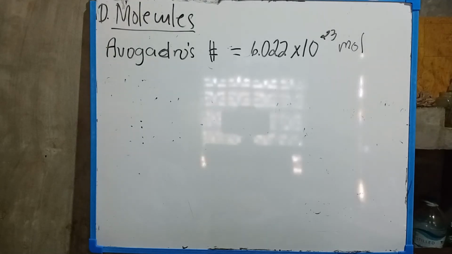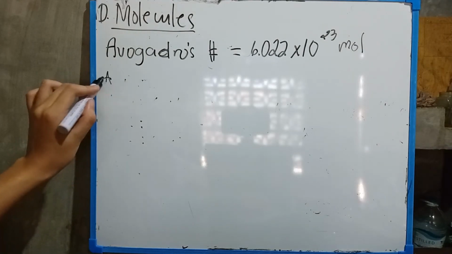A packet of an artificial sweetener contains 40 milligrams of saccharin. How many molecules of saccharin are in a 40 milligram sample? How many carbon atoms are in the same sample? So this means that in this problem we are going to get the molecules.